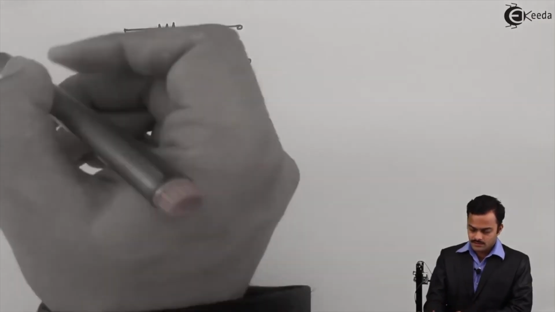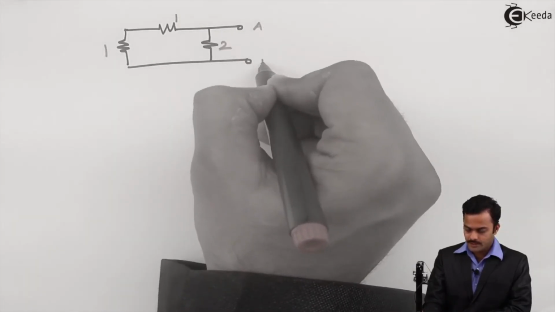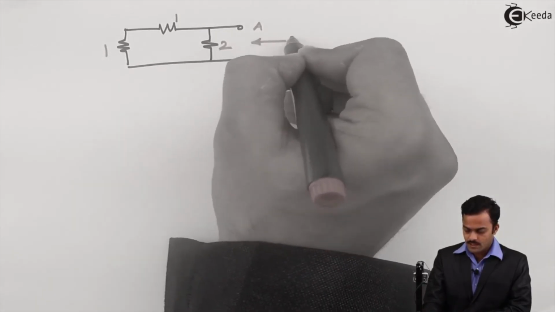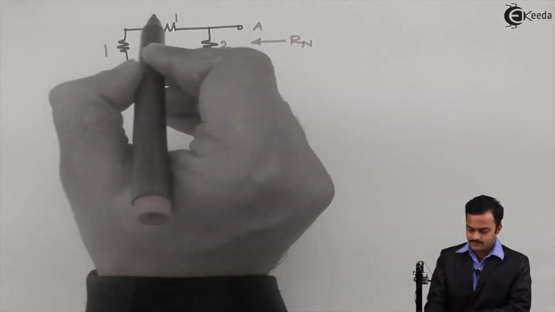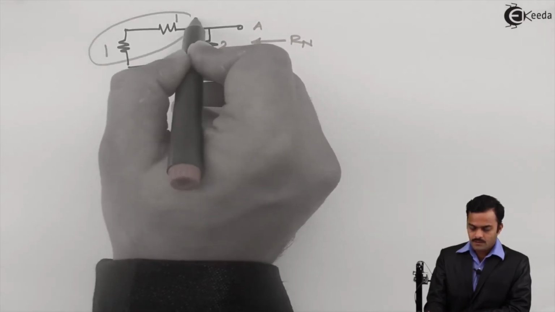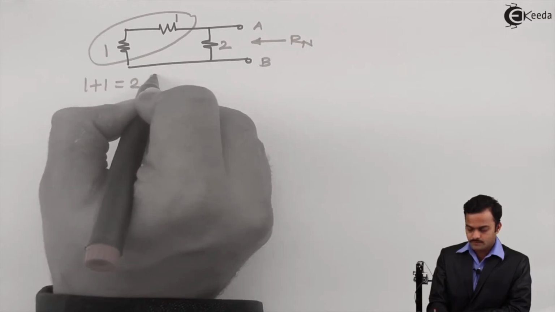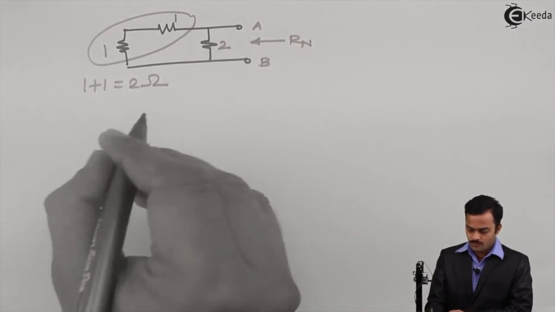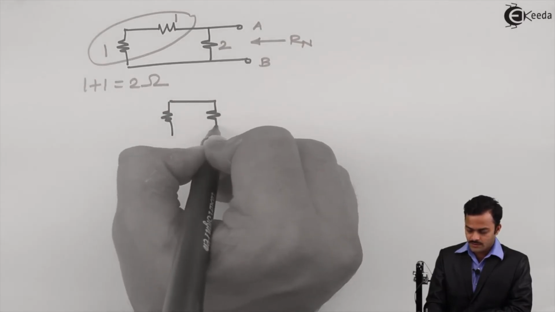So here this is 1, this is also 1, 2 ohm, A and B terminals as it is. Rn we need to find between A and B. So 1 and 1 in series. So 1 plus 1 I am getting 2 ohm, and ultimately this 2 ohm will come in parallel with the 2 ohm that is already present.